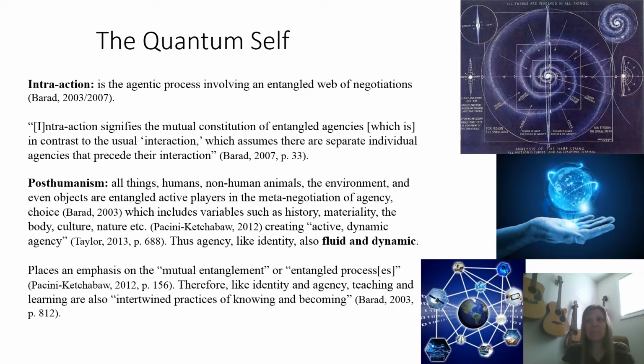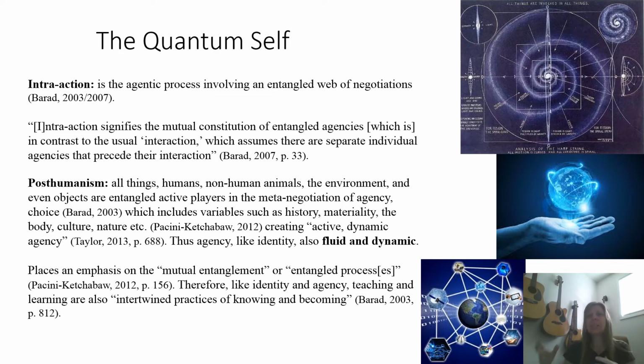Barad discusses the importance of dynamic processes and her concept of intra-action. Intra-action is the agentic process involving an entangled web of negotiations. She states that intra-action signifies the mutual constitution of entangled agencies, which is in contrast to the usual interaction that assumes there are separate individual agencies that precede their interaction.